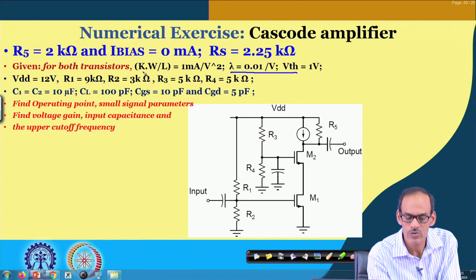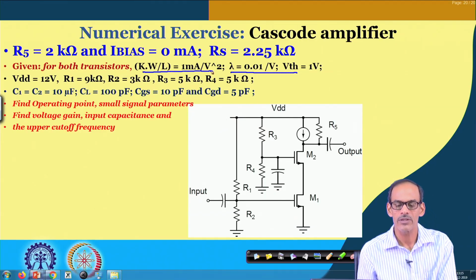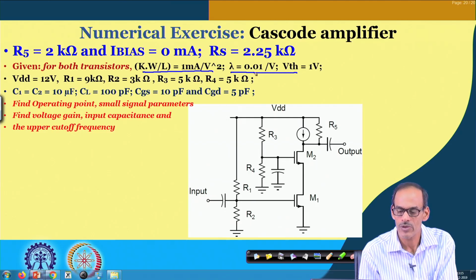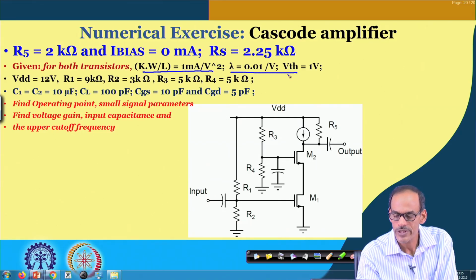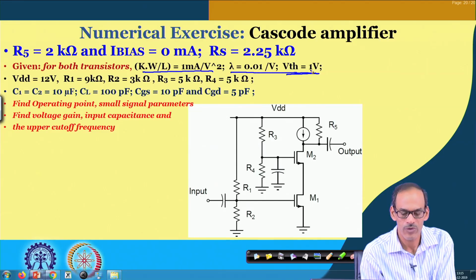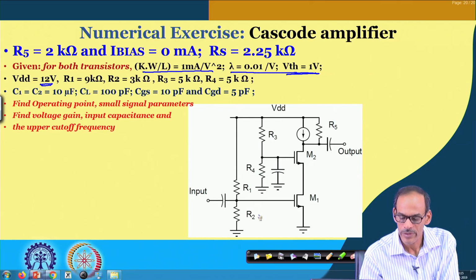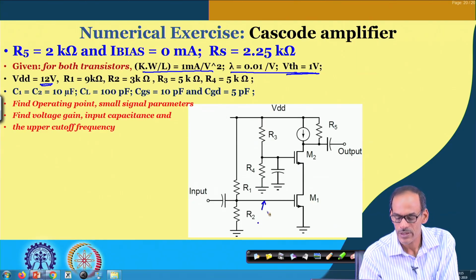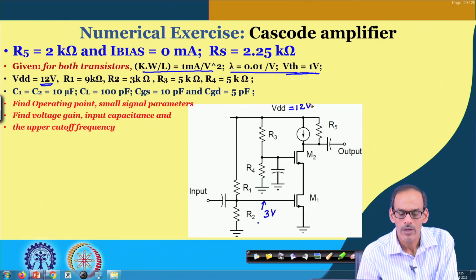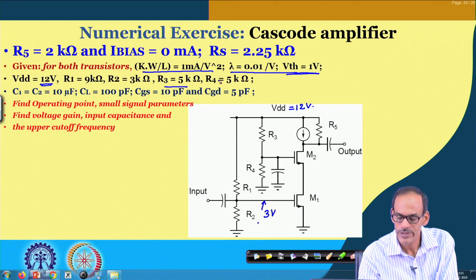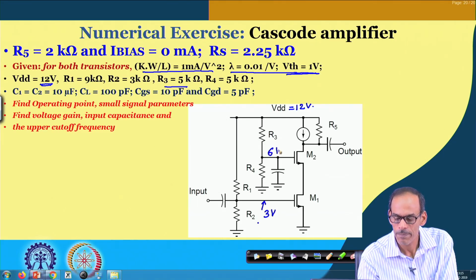For both the transistors, we consider the transconductance factor as 1 milliampere per volt squared, lambda as 0.01 per volt, threshold voltage of both transistors as 1 volt, and supply as 12 volt. R 1 and R 2, this potential divider, create a voltage of 3 volt here from this 12 volt. On the other hand, R 3 and R 4 create 6 volt here.